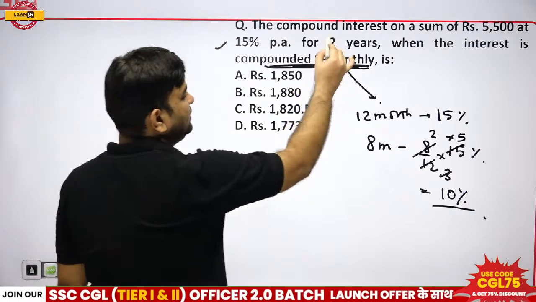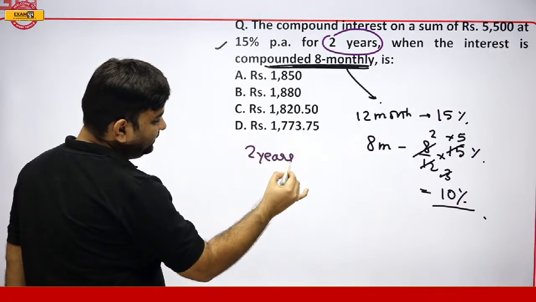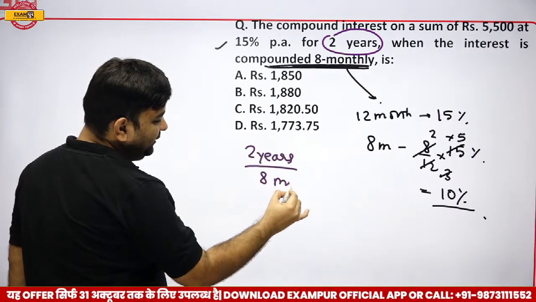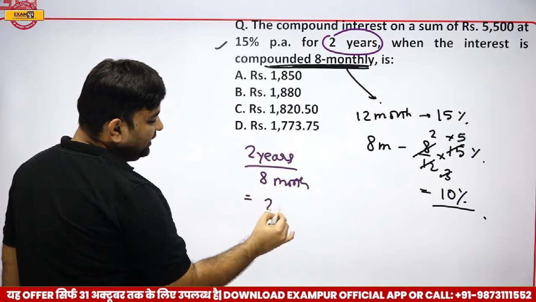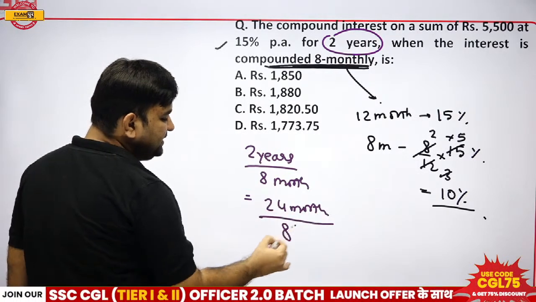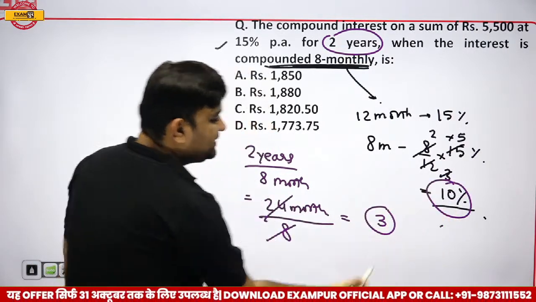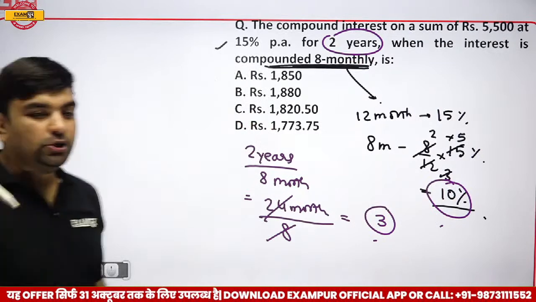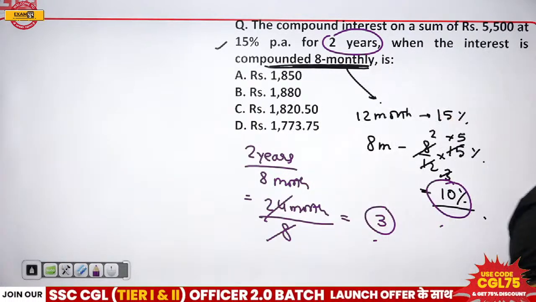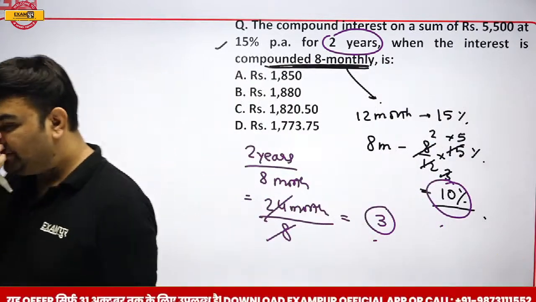Now, 2 years. Guys, in 2 years, how many 8 monthly periods are there? 2 years is 24 months, na? So in 24 months, how many periods are there? 3 periods. So you will get 10% interest 3 times.